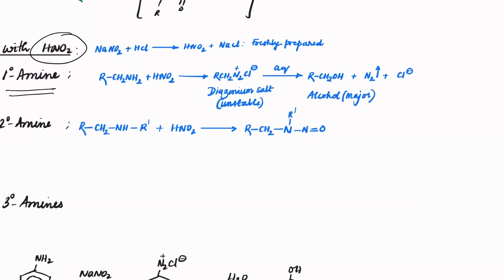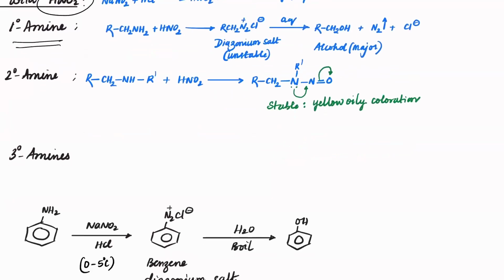And this molecule is very stable because of the resonance stabilization from nitrogen, like this. Because of this, it is stable and usually adopts a yellow oily coloration. So because of the yellow oil color, it is very distinctly observed.